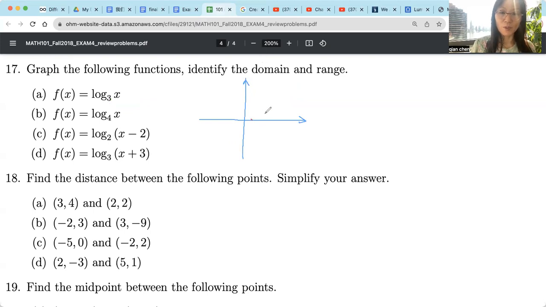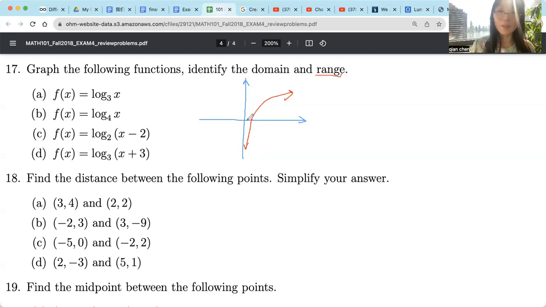I have this point, and it goes like this, right? And this keeps going. It keeps going down to be any negative y value, keeps going up to be any positive y value. So that's the range. That's why range goes from negative infinity up to positive infinity.